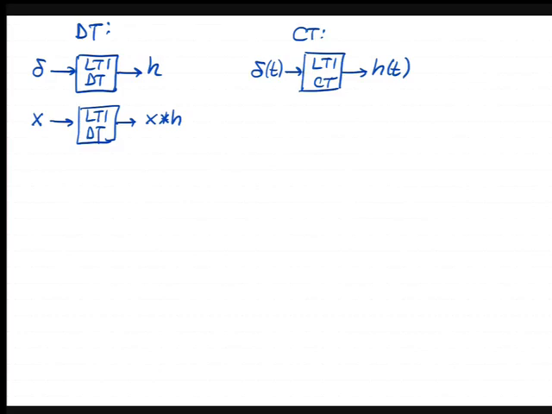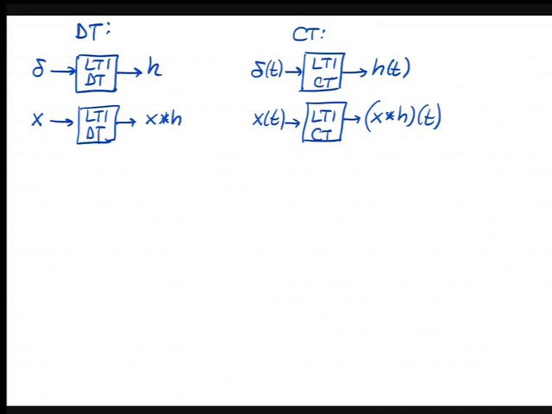And then if the input is actually something else, x of t, again a property very similar to discrete time holds, where I get the output from x star h of t. But what is star? That's the key question. How are we going to do the convolution in continuous time? It's going to be an integral, yes.